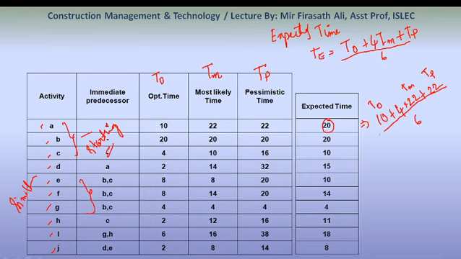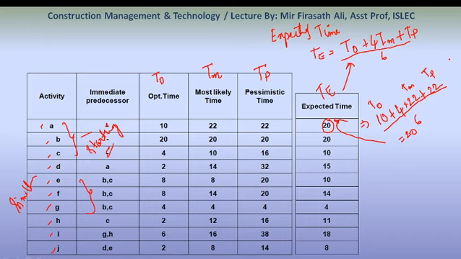We will get the value as 20. This value we have substituted here. Similarly, the expected time for all activities can be determined with this formula: T naught plus 4 Tm plus Tp, whole divided by 6.